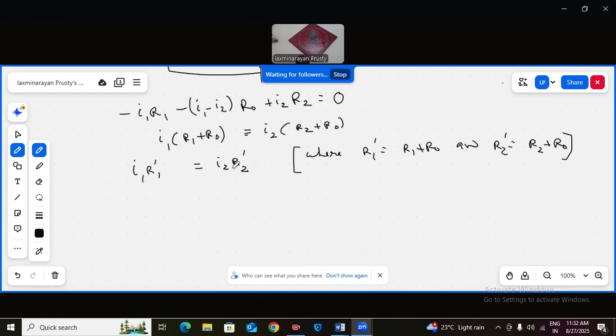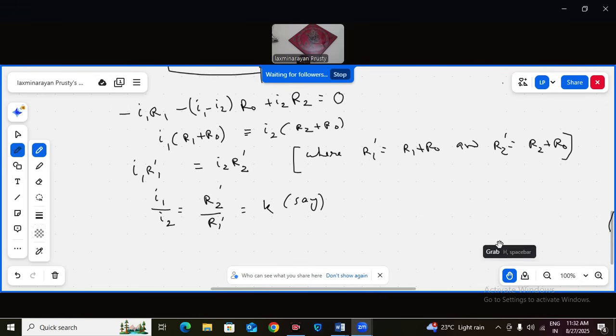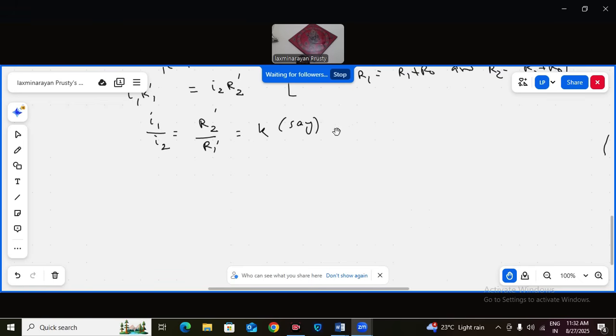So let's say I'm getting this. So I1 by I2 is in which ratio? R2 dash by R1 dash. Let's say it is K. Okay. Very nice. So let's say this is my equation 1.